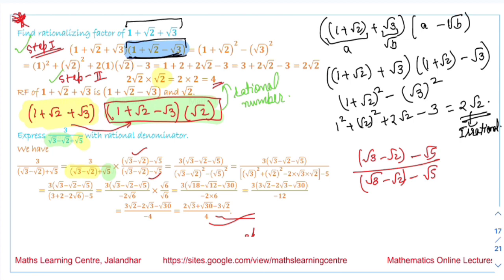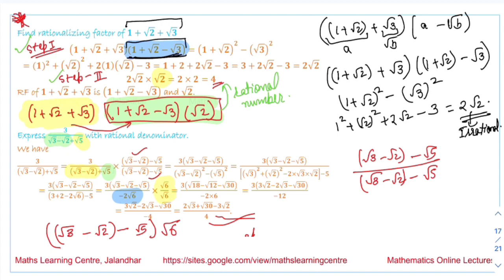When you solve these values, you will get the final answer. In the denominator you are getting square root of 6, and to remove this square root of 6, we are multiplying and dividing it with square root of 6. So in this particular question, first we have multiplied and divided this expression with this term, then we have multiplied and divided this expression with this term.